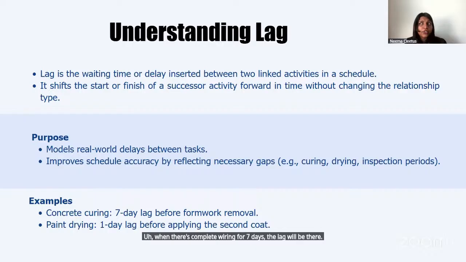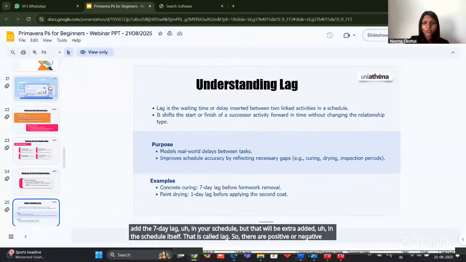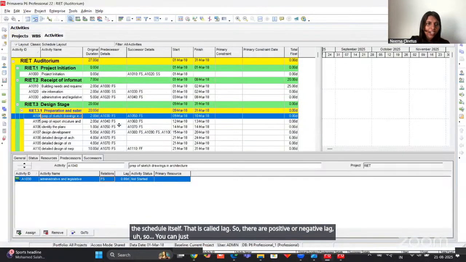You don't want it to affect the schedule, but you have to add the 7 day lag in your schedule, which will be extra added in the schedule itself. That is called lag. There are positive or negative lags, so you can simply give the lag option.